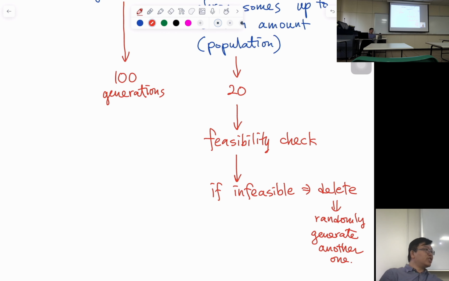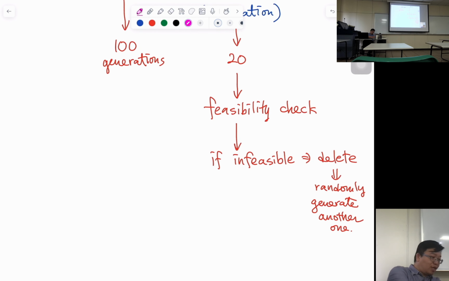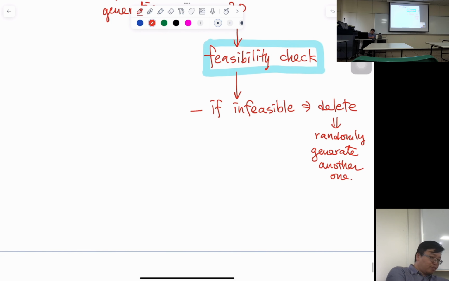So I will keep on doing this until I have 20 feasible chromosomes. Okay? Once you are done with the feasibility check, this is one standard procedure. In my case, this is one procedure. So once everything is done, I will move on to the next procedure.